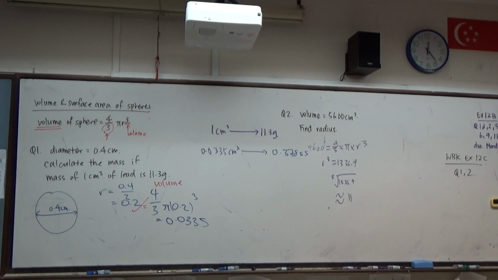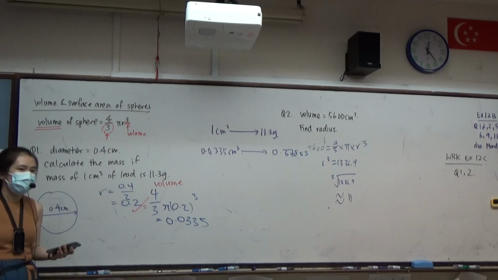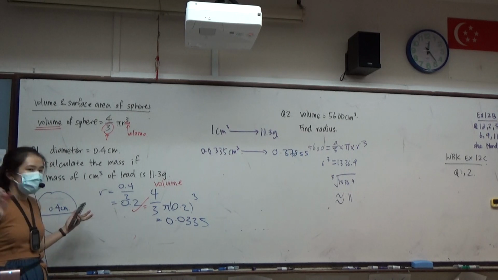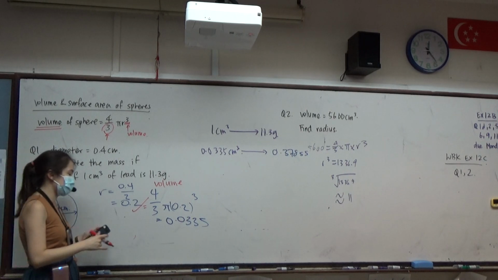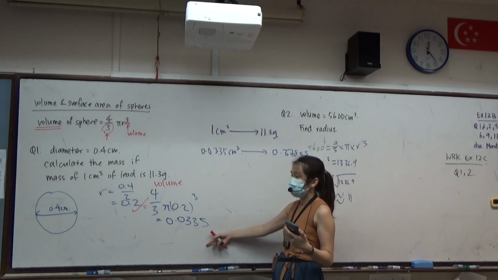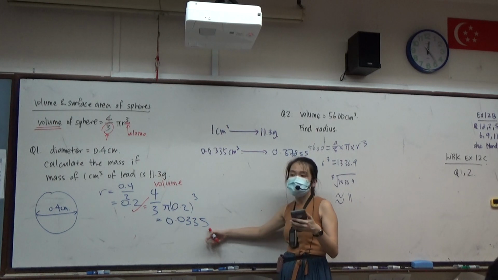Is that sufficient in terms of accuracy? What do you think? Do you think it's okay? Who says not okay? Who says okay? Vincent, do you think this is truncated to 3 sf?